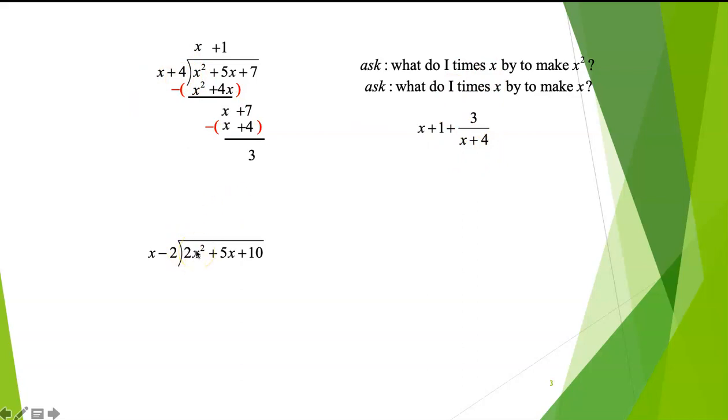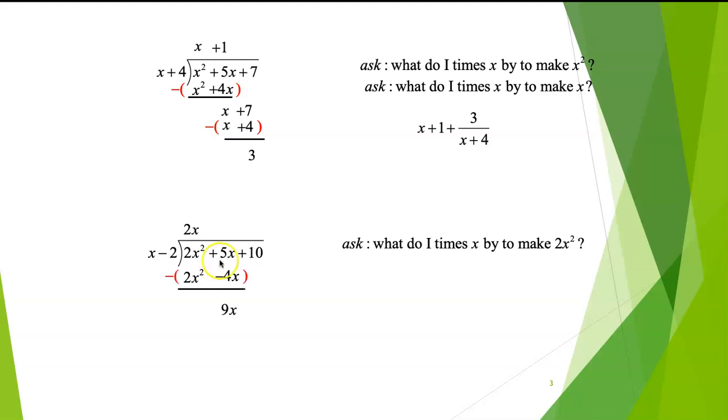Now let's do this one. We want 2x squared. We have x, so obviously you multiply by 2x. Expand: 2x times x is 2x squared, 2x times negative 2 is negative 4x. Now you subtract.